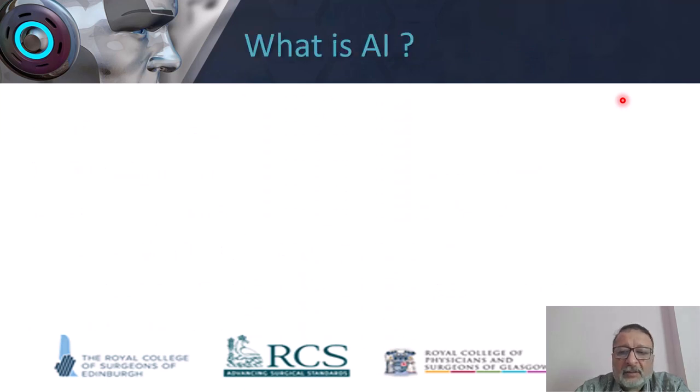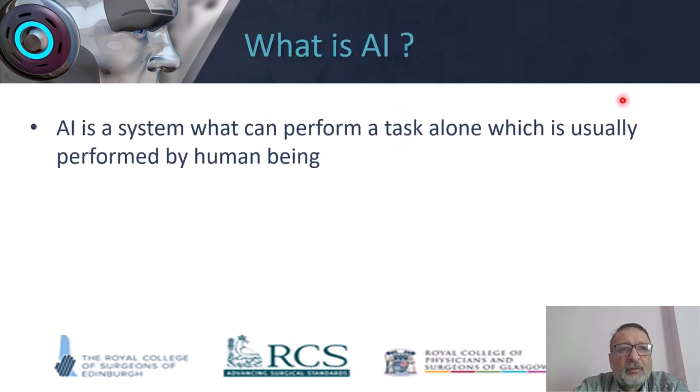So what is artificial intelligence? And this is very important. Artificial intelligence is any computer system that can perform a task that a human can do. So we are all using machine learning.